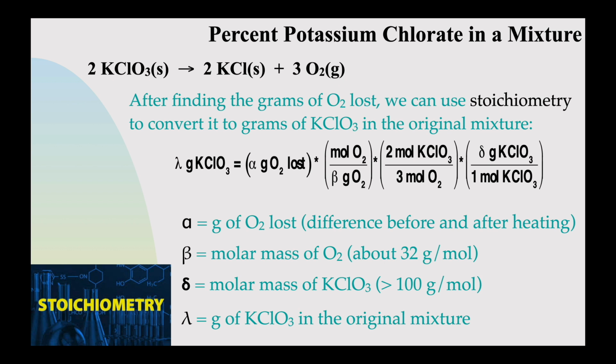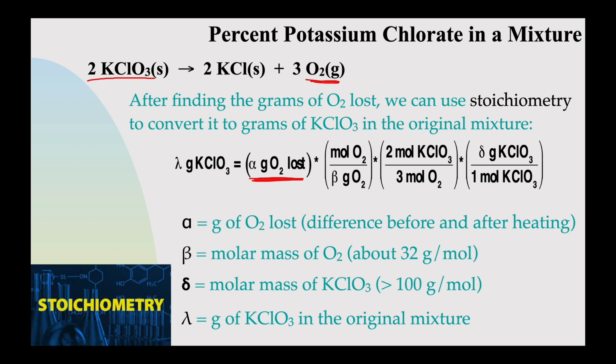Once you heat up the sample, again, it's the potassium chlorate which breaks down into the KCl and oxygen. But the oxygen, because it's a gas, is going to look like we've lost mass, like before heating and after heating. After heating will be less. And we can record on a balance how many grams of oxygen have been lost. And this is pretty cool. This is stoichiometry, the measure of amounts going in and coming out kind of thing.